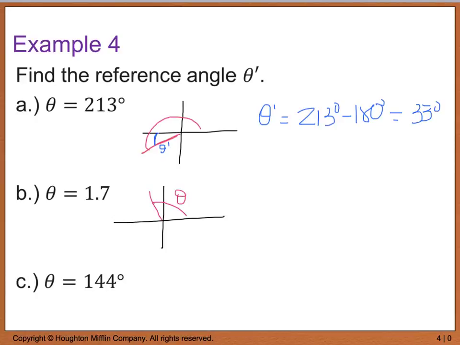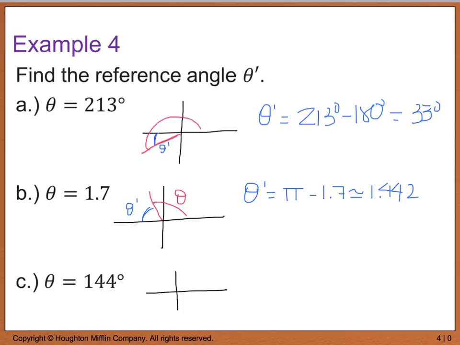So this is theta, which means this here is theta prime. So theta prime equals pi minus 1.7, which is approximately equal to 1.442 radians.